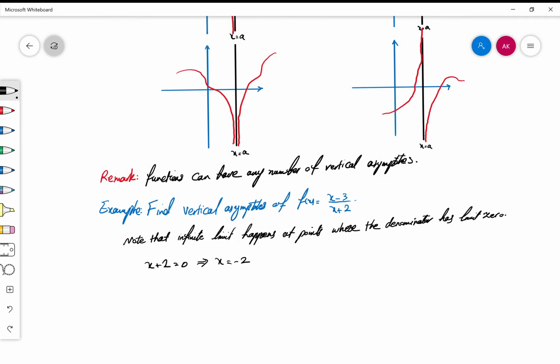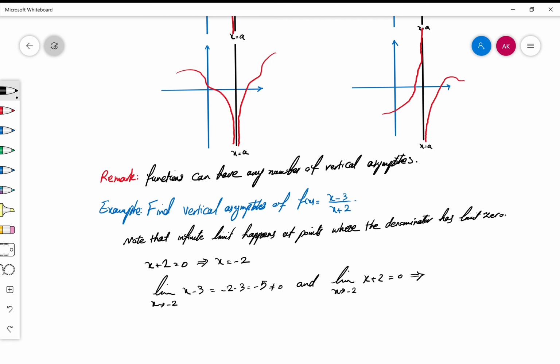Then we check that as x goes to -2 the numerator, this is -2 minus 3, is -5. It is non-zero. And the limit as x goes to -2 of x plus 2 is 0. Non-zero numerator limit, 0 denominator limit.